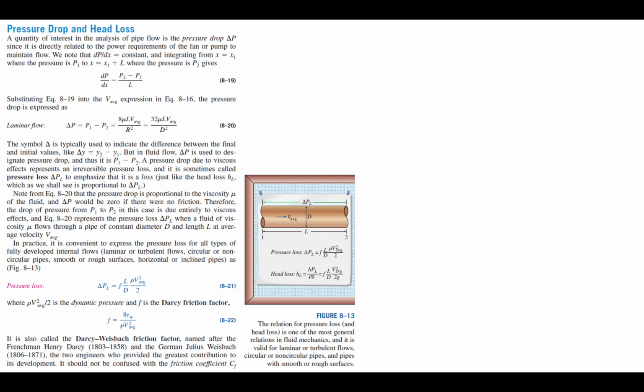Now moving ahead. Basically, we have discussed a lot about the head loss, the loss in the pipe, in the previous class also. One is the Darcy-Weisbach factor, or Darcy-Weisbach friction factor you can say, or sometimes the Darcy friction factor.